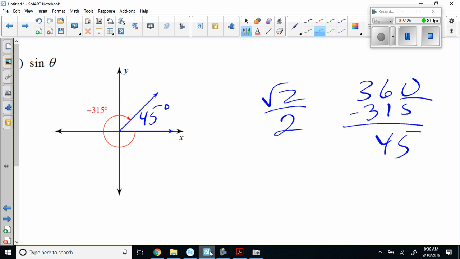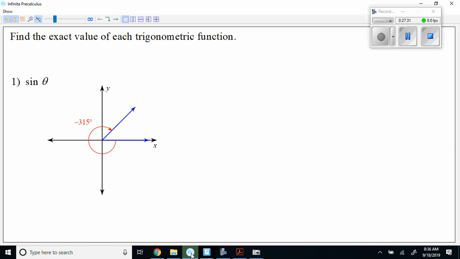So if we do number 1, which one y'all want to do now? No, let's do number 2. Let's go in order, and then we'll jump around from there. Right? Hey, it's find the exact value, right? When it says find the exact value, we're actually looking at the unit circle, right?